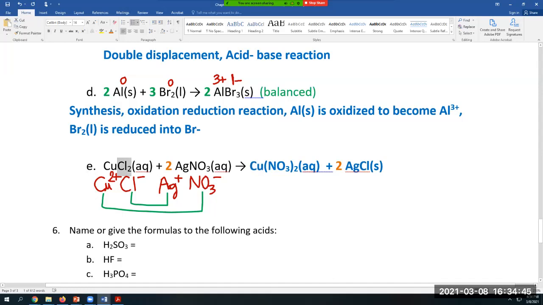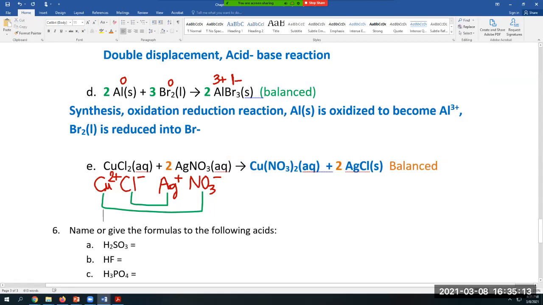Chlorine, 2 on the left, 2 on the right. 2 silver on the left, 2 silver on the right. 2 nitrate on the left, 2 nitrate on the right. So it is balanced now. So let's write that balanced. And I'll make it the color we used to balance so that we understand those coefficients are balancing the equation.